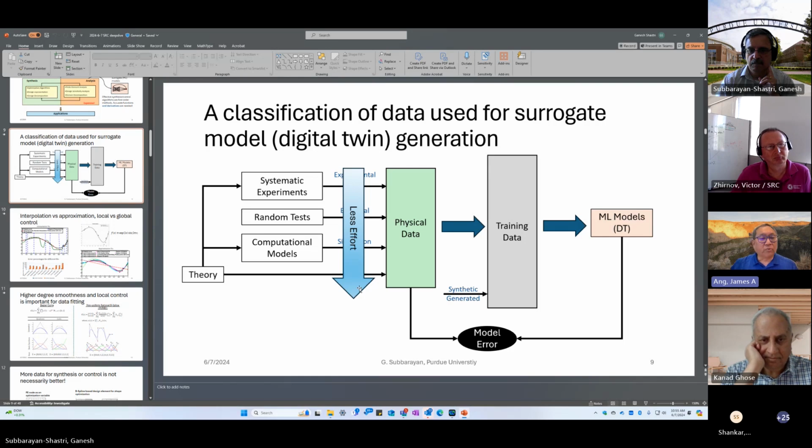I'm sure this work was probably done before, but I just point that out. There's a different way of thinking about physical data, which might be measured data of a physical system, versus simulation data, which is of the virtual system.